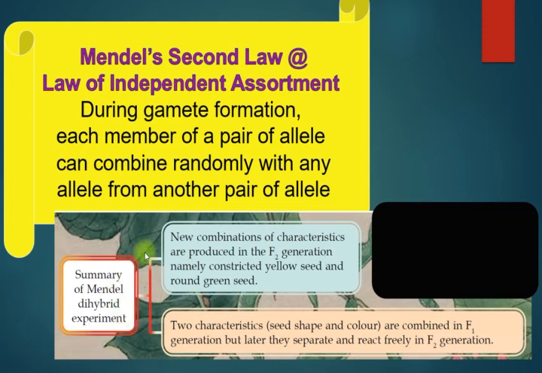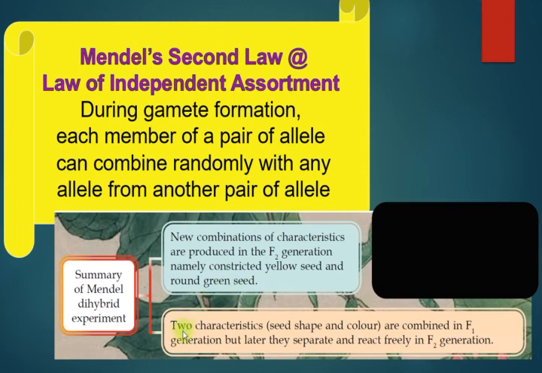First, a new combination of characteristics is produced in the F2 generation, namely constricted yellow seed and round green seed. So in the F2 generation, we can see the new combination of characteristics. What are the new characteristics? They are constricted yellow seed and round green seed.